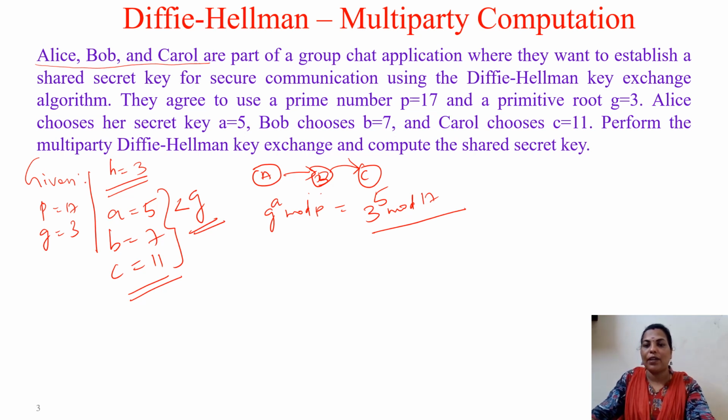Suppose you have a higher power value, like 3 power 55. In that case, how do we compute that value? That is very much required here in cryptography. You need to know how to solve higher powers in a simplified manner. For that we have one method, the square and multiply method. So you can use that square and multiply method also.